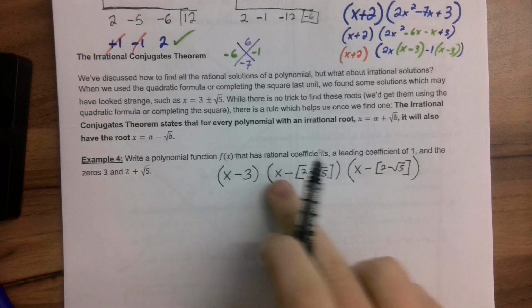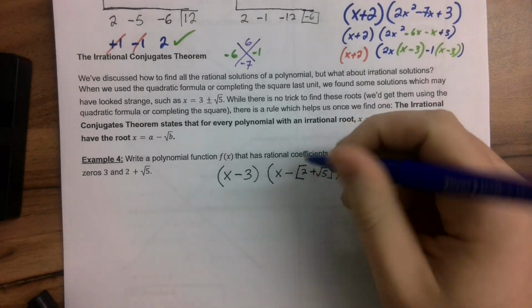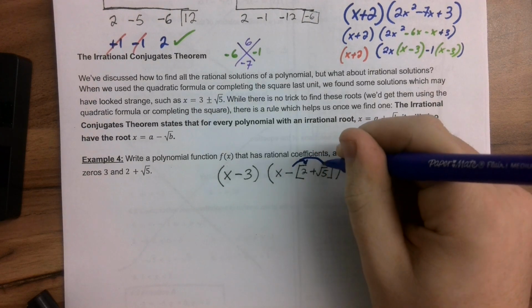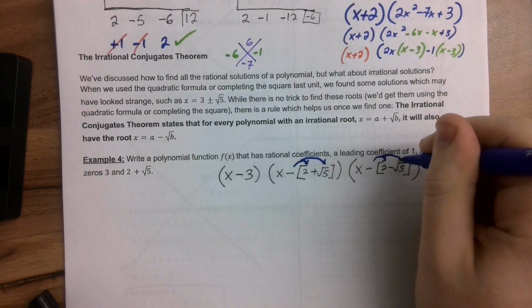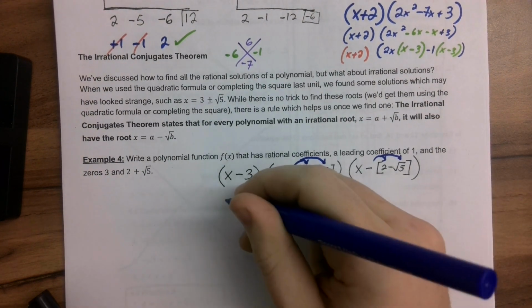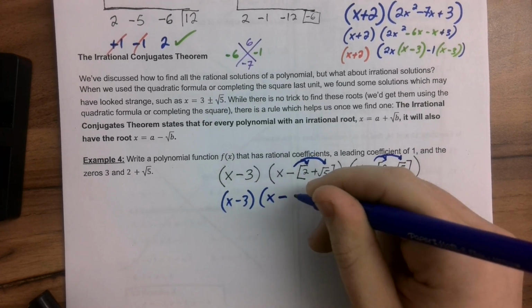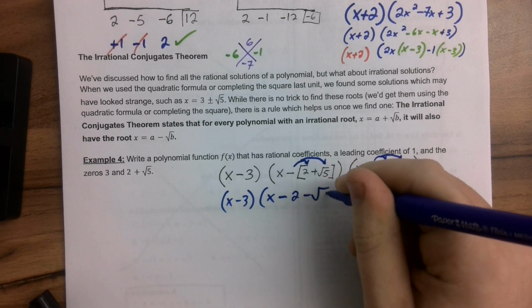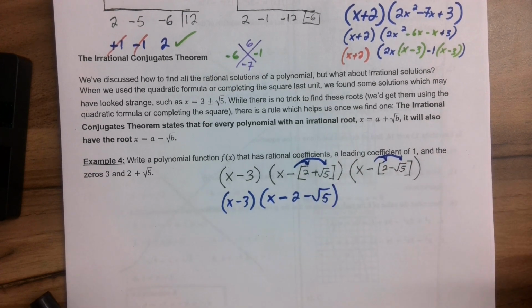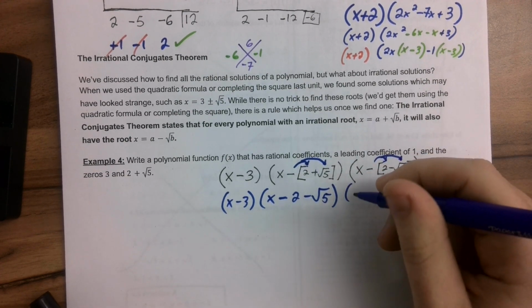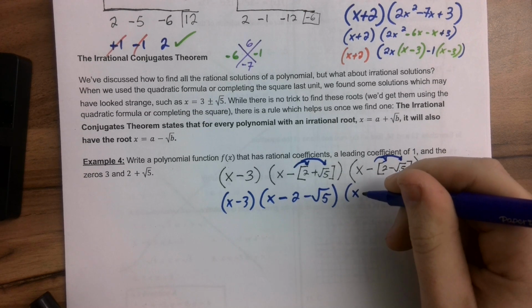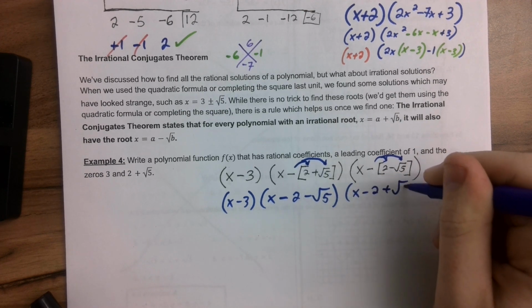First things first, I don't like double parentheses, so I'm going to distribute the negative into them. We would get x minus 3 times x minus 2 minus the square root of 5, times x minus 2 plus the square root of 5.